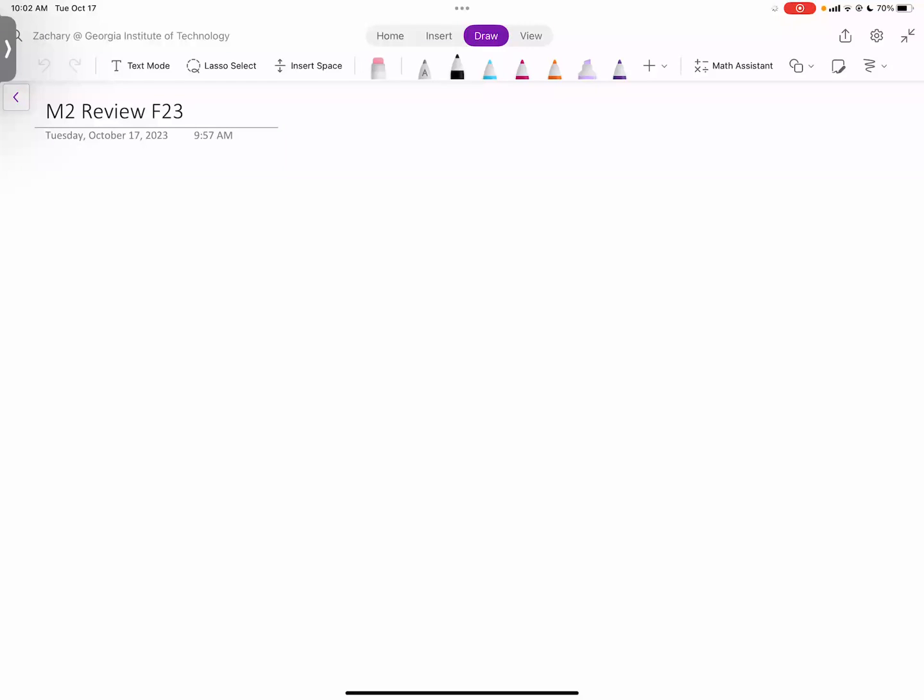So to start for midterm 2, there's a few big things that are going to be on this. First of all is column space and null space and everything about them. And then the other big topic is onto and one-to-one. And then with this is subspaces as well.